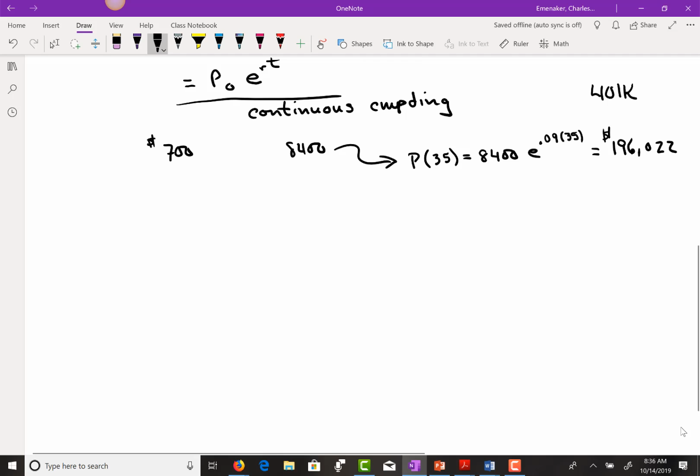The second year, if he continues at the same pace and puts in $8,400, e to the 0.09, this time it's going to be times 34. Why not 35? Yeah, he's a year closer to retiring. So now we do it the 34th. Well, it's not quite as much money. $179,151.